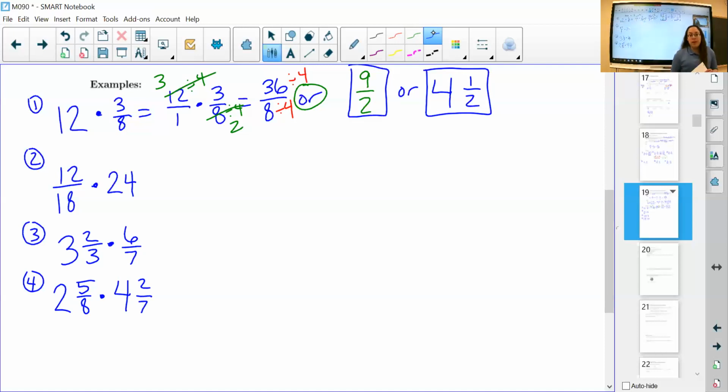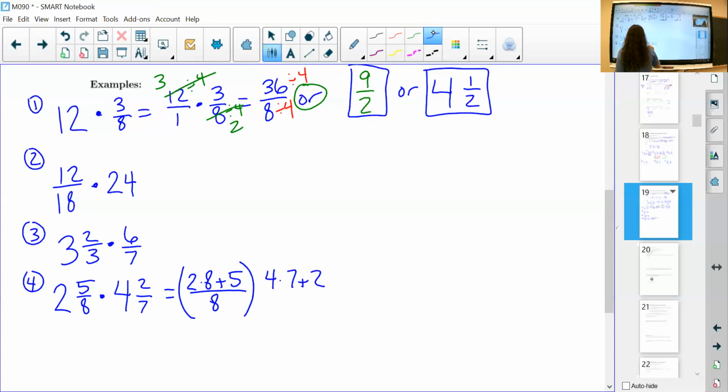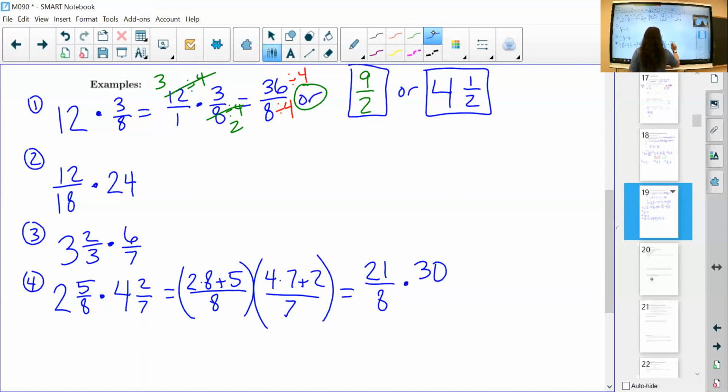Okay, I'm just going to make them improper. 2 5/8, that's 2 times 8 plus 5 over 8 times 4 2/7, that's 4 times 7 plus 2 over 7. Working through, we get 21 over 8. Order of operations says multiply, then add. We'll talk more about that later. So 21/8 times 30 over 7.